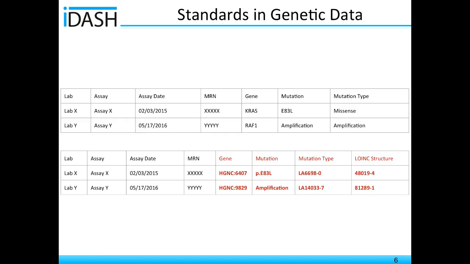So here's an example of a translation from a medical report into this new standard. For the first patient, we have a missense mutation in the KRAS gene, and you can see in the lower table, it's translated down into an HGVS nomenclature for the mutation, the HGNC name for the gene itself, and we changed the mutation type to a LOINC code with the structural code for the LOINC right next to it.